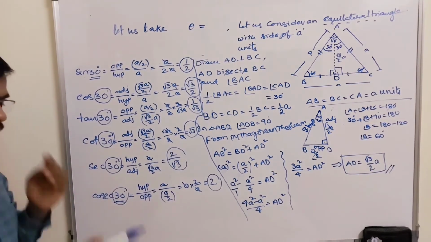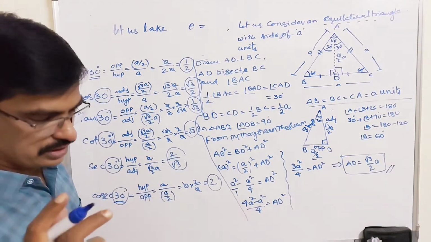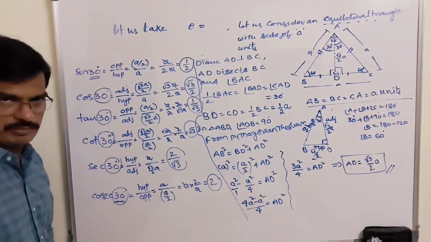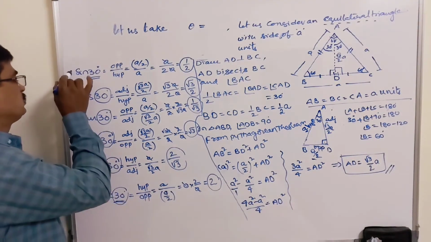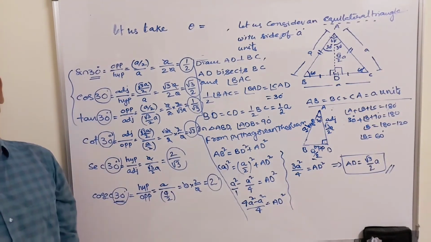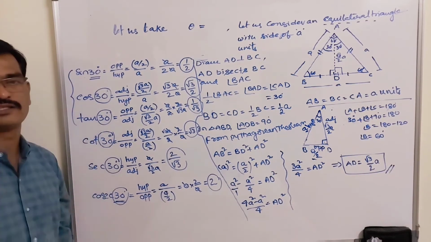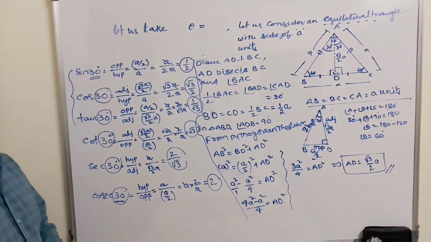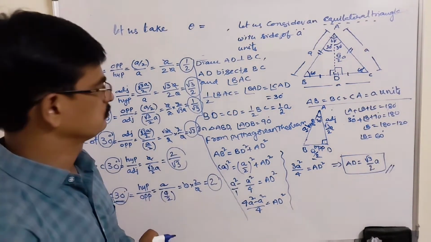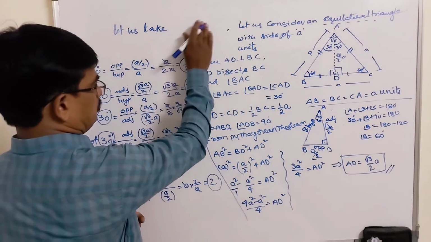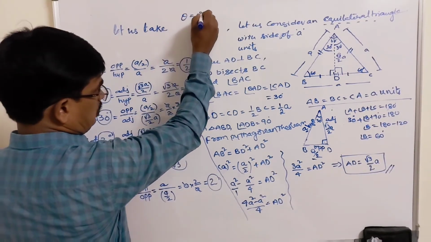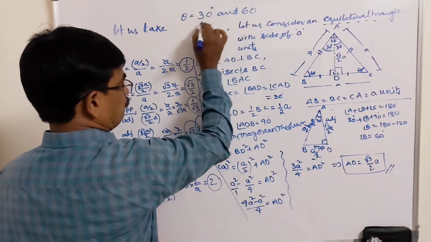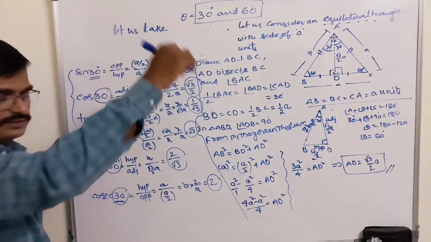So by using the reciprocal concept also you can remember the values of the 6 trigonometric ratios. You must remember at least 3, that is sin 30, cos 30, tan 30. Then we will get cot, secant, cosecant by using the reciprocal concept. So now we have found the values of 6 trigonometric ratios for 30 degrees and 60 degrees.